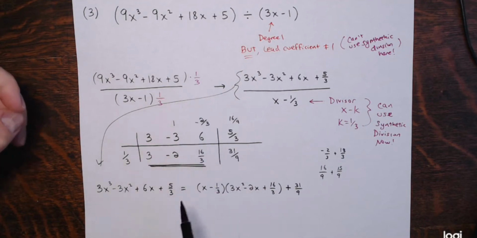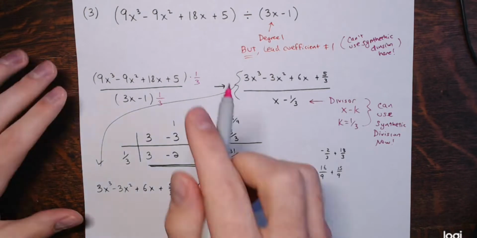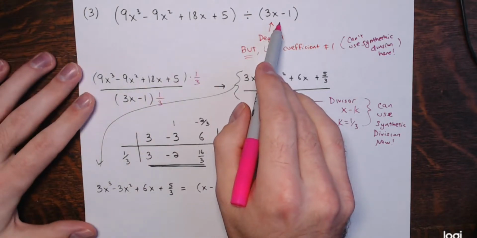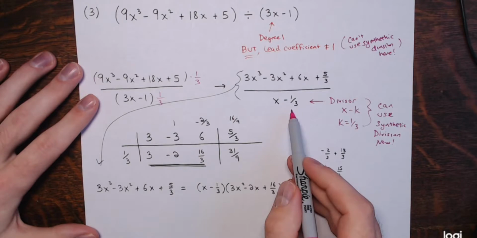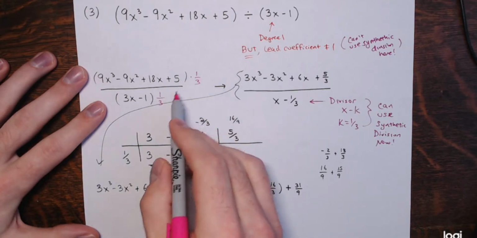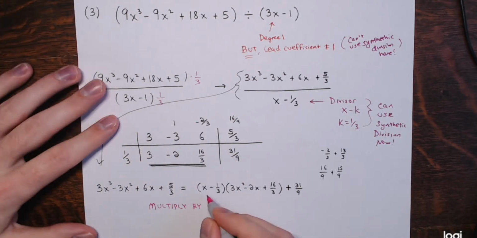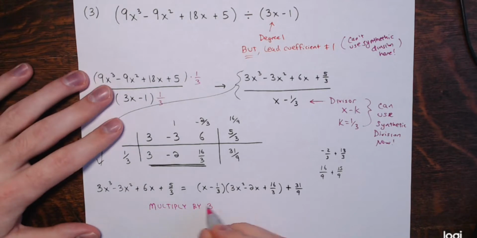Now we multiply both sides by 3 to get it back to working with the original divisor of 3x minus 1 instead of this divisor of x minus 1/3. So now I multiply everything by 3 to get back to the original divisor. Again, that's just to undo the fact that I divided everything by 3 earlier. I hope that makes sense. And I'll do other examples like this, but multiply by 3 on both sides.